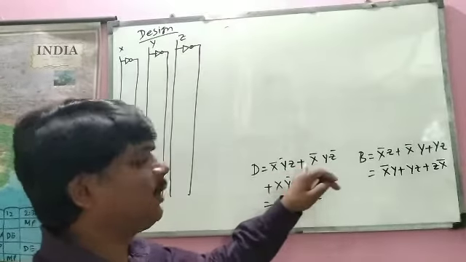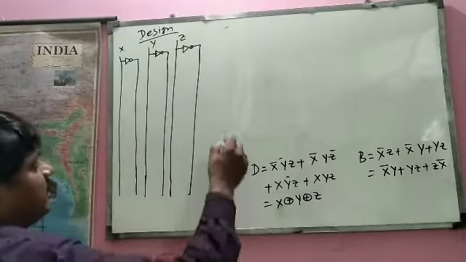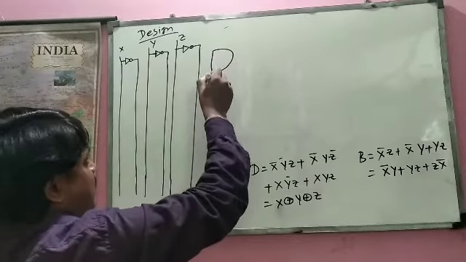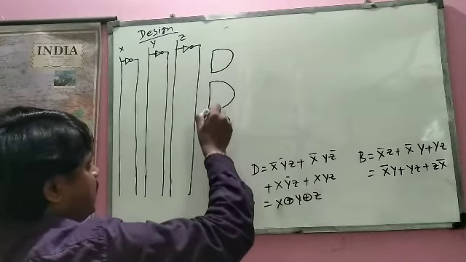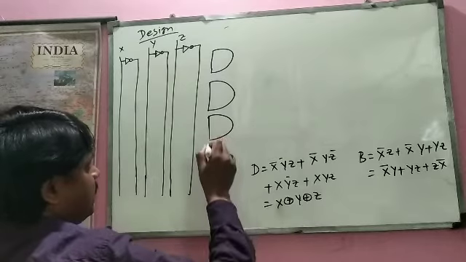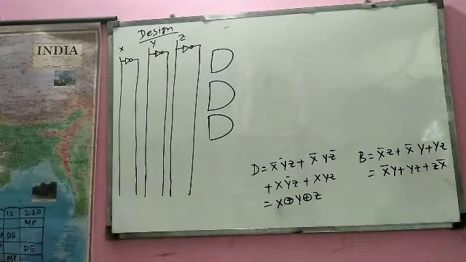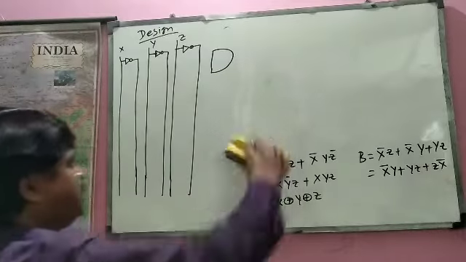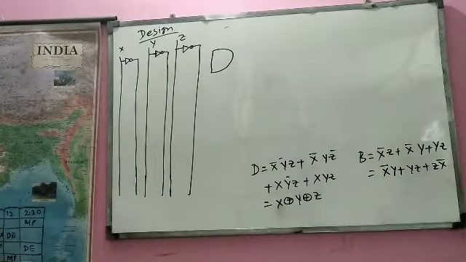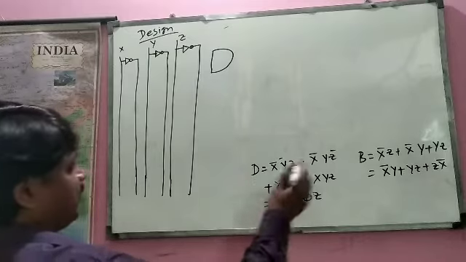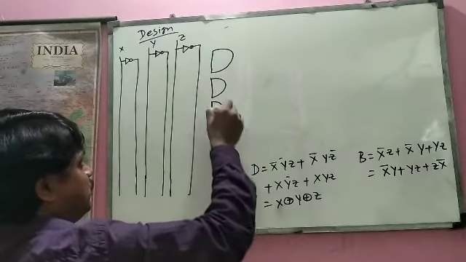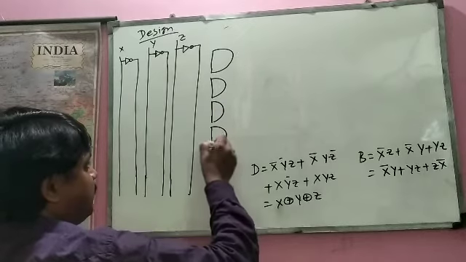So there are four AND terms, so we need four AND gates. We will make the AND gates a little smaller so that we can write the expression for borrow also. So 1, 2, 3 and this is 4.